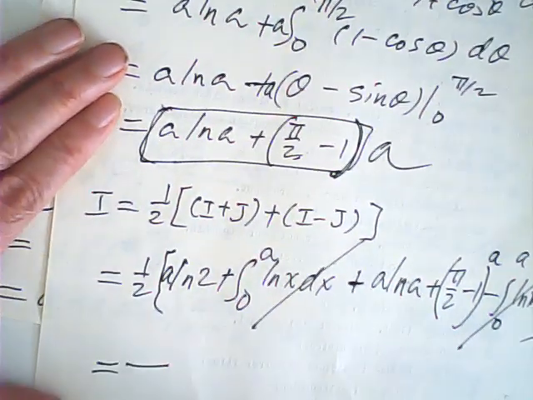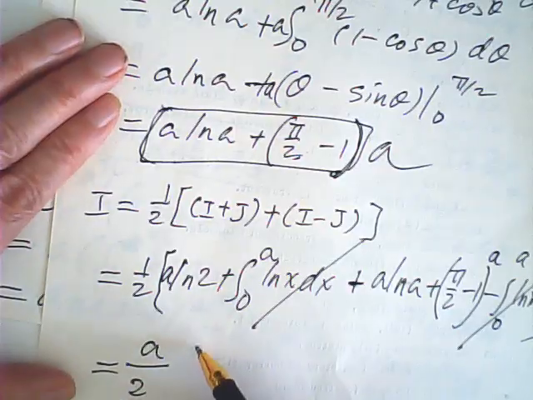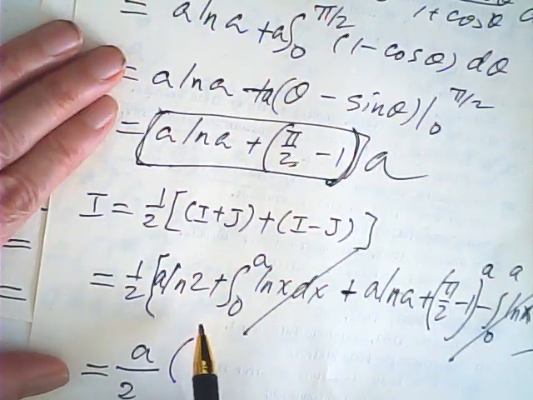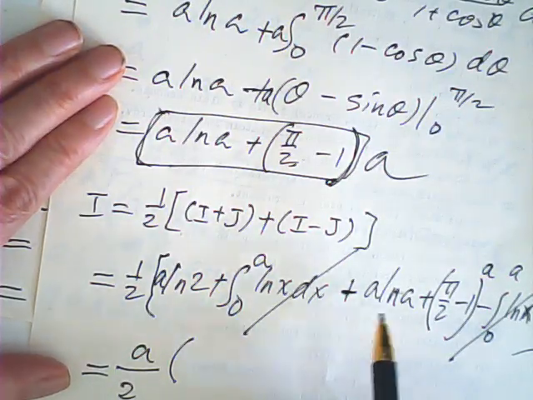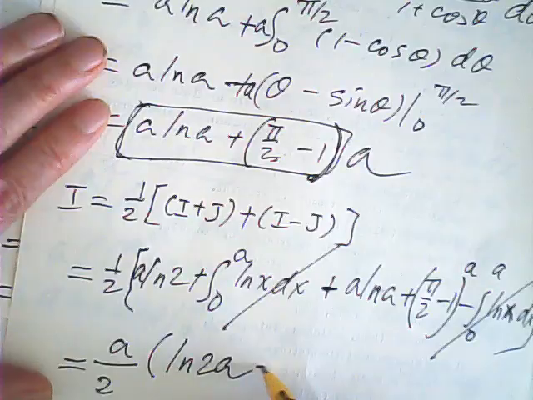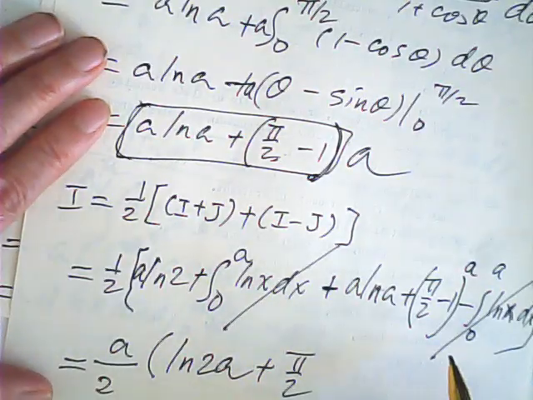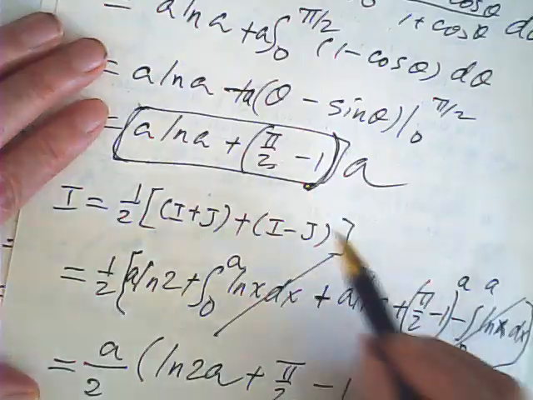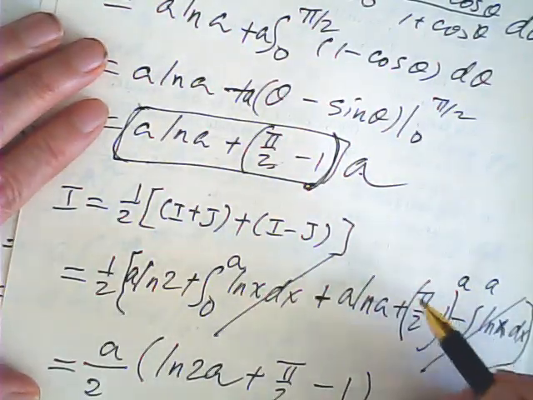Then a is a common factor. Log 2 plus log a is log 2a, and plus half pi and minus 1. Yeah, there's an a here, okay?